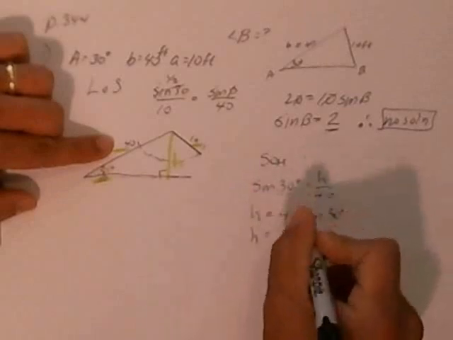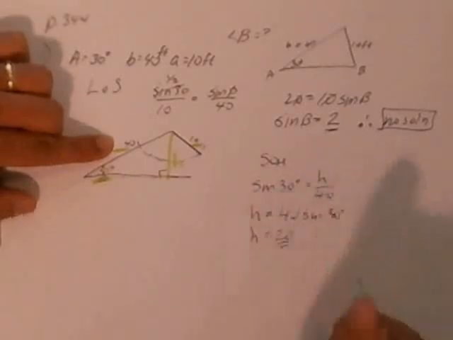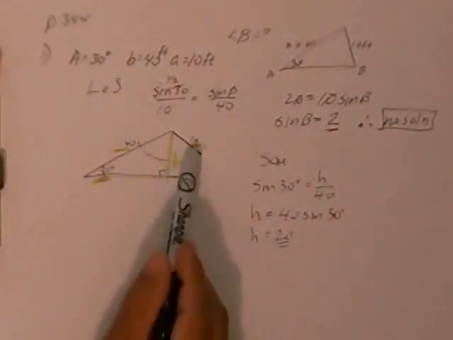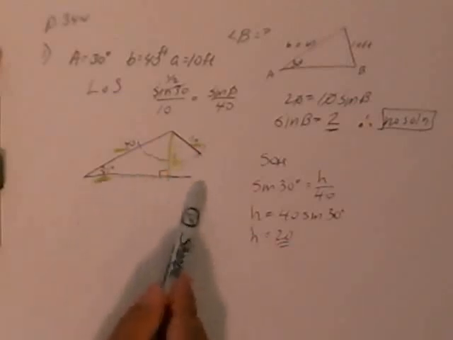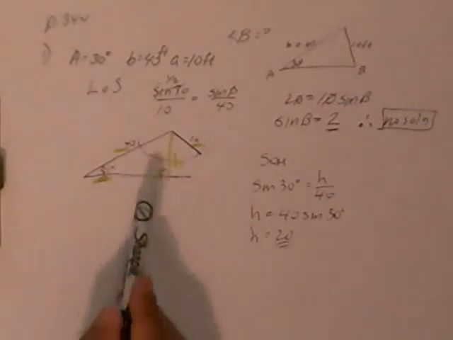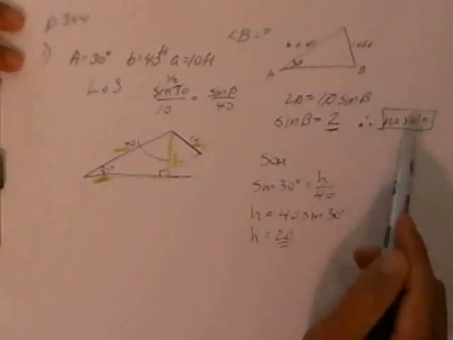The h is equal to, sine 30 is 1/2, 40 times 1/2 is 20. The minimum height you have to have is going to be 20, and since this is 10, it's not going to hit this side, side C, that is. And so that gives you the reason why it will make zero triangles, therefore no solution.